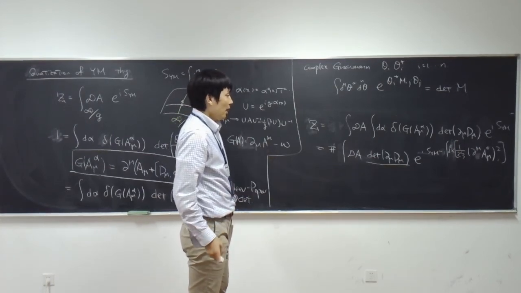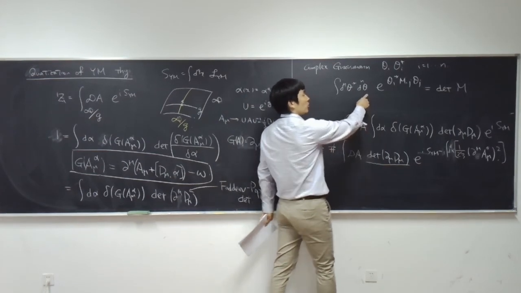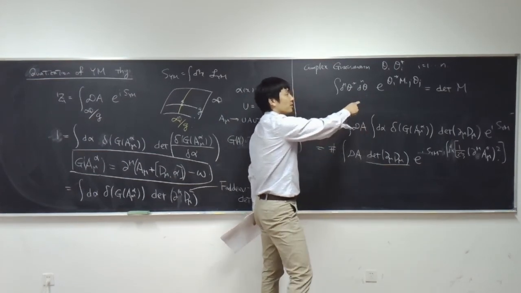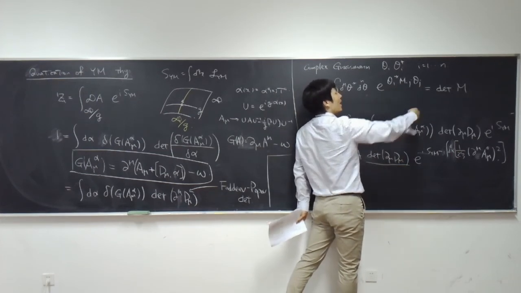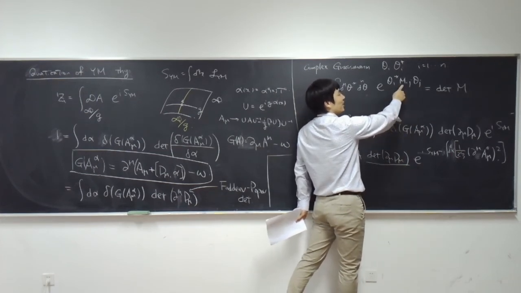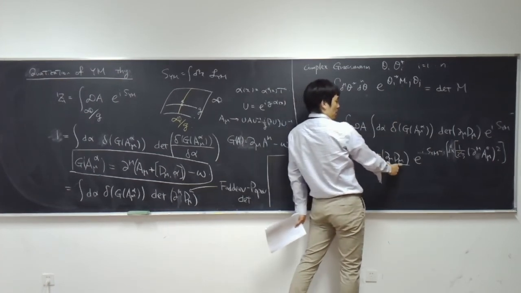Therefore, what we want is to interpret this determinant by a functional integral over complex Grassmann variables, whose action just sandwiches the operator between the Grassmann variables.